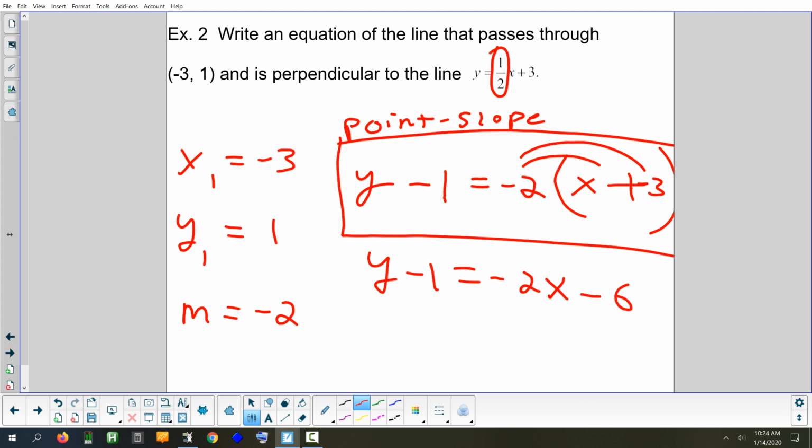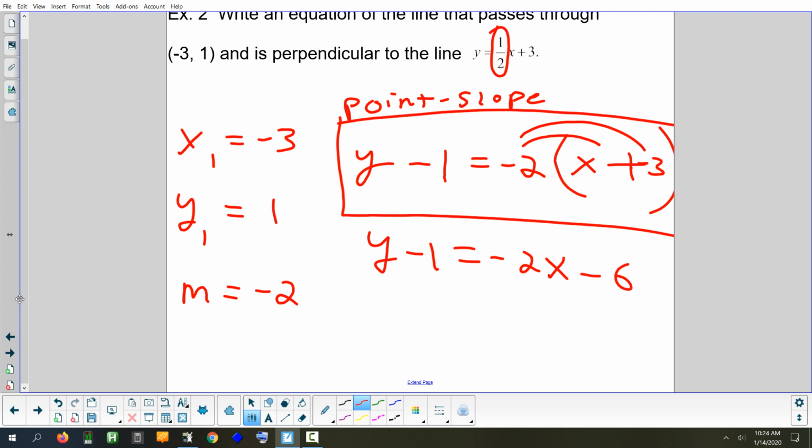-6. Okay. Is that y equals mx plus b? No. Is it point slope? No. No, it's in the middle. It's neither. We've got one more step to get it into slope intercept. How about Aileen, can you tell me my last step to get y by itself here? +1. Yep. +1 here and here.